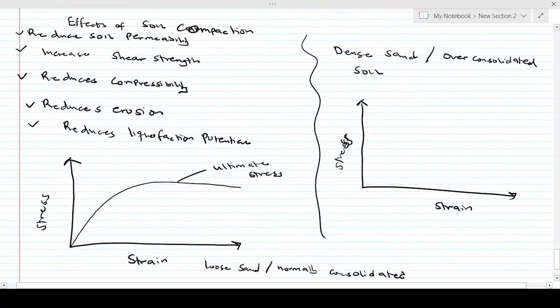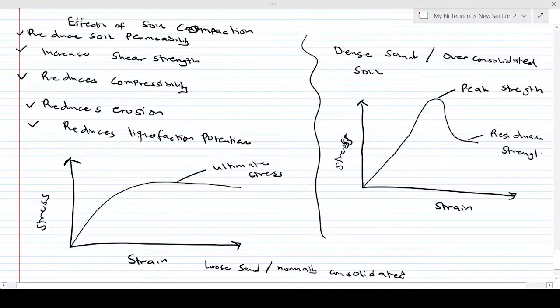With this, the graph is going to be linear at a point, then it will have a peak. So over here we have the peak strength, then we have the residual strength. This is the stress strain graph for dense sand and loose sand.